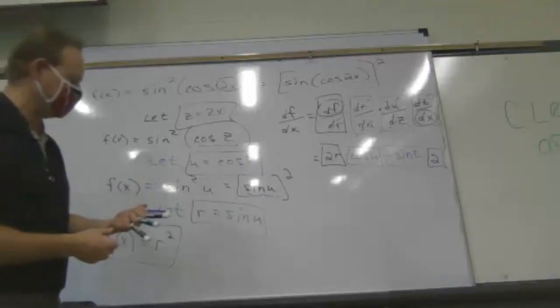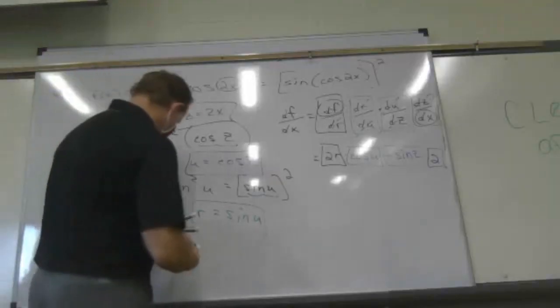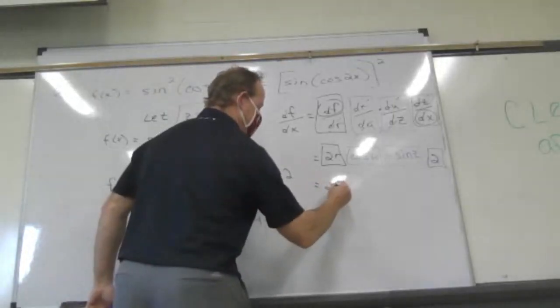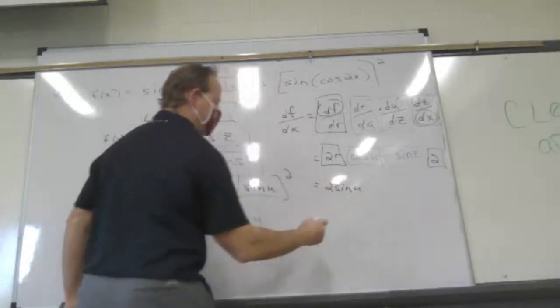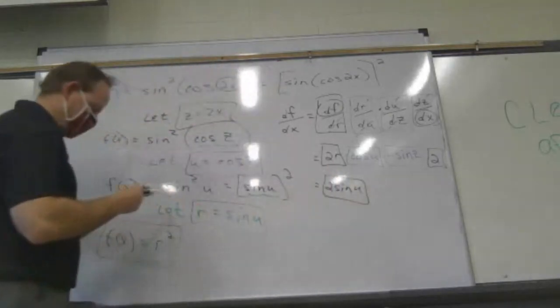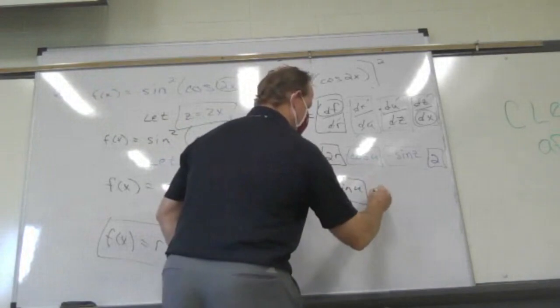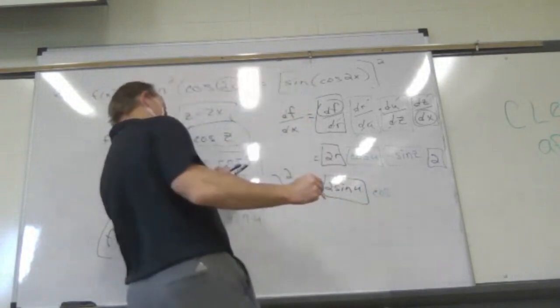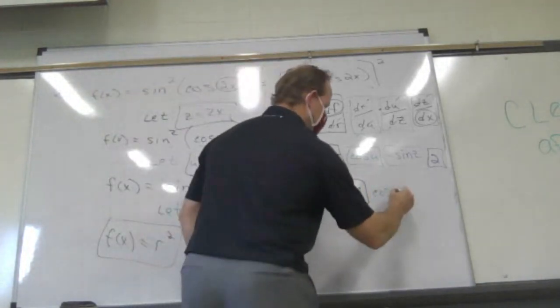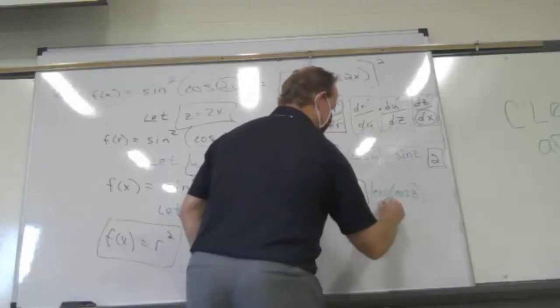And there's our answer. The problem is, I want it in terms of x, so I have to change everything over. If you change everything over, r is sine u. So this is 2 times r, which is 2 times sine u, correct? And then cosine of u, what's u? So this is times cosine of cosine z, right? That's what the green box becomes.